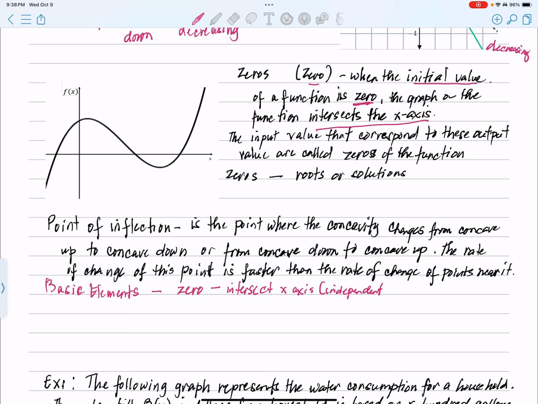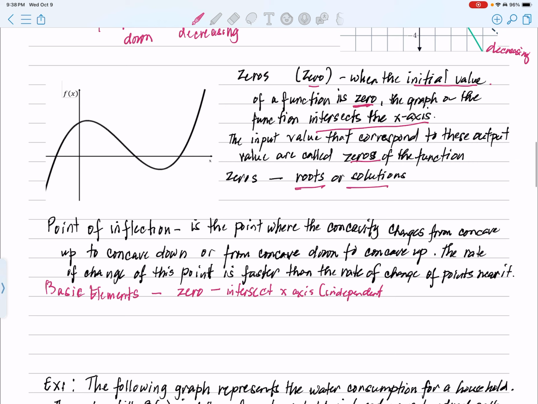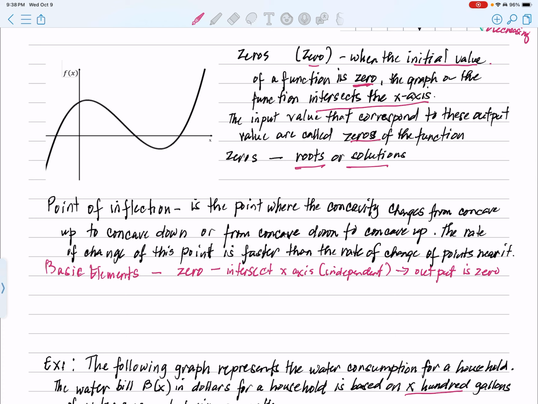So the output is zeros of the function. So zeros can be roots or solution. So x-axis when the output is 0. So what do you call this 0 on the independent axis that intersect? That is what we call the 0. Okay, so the input value is 0.